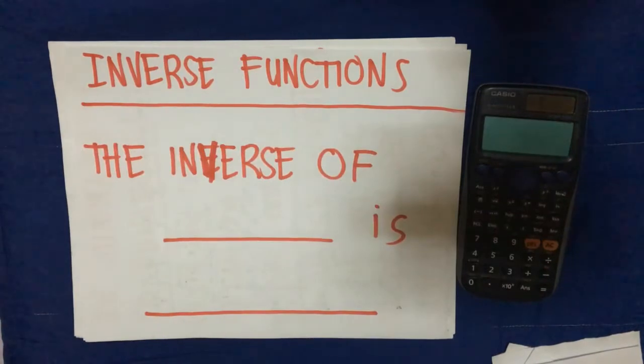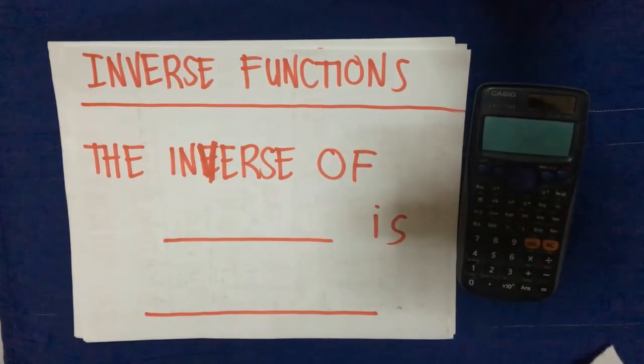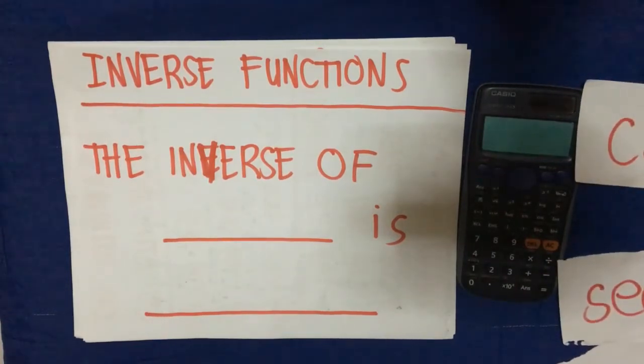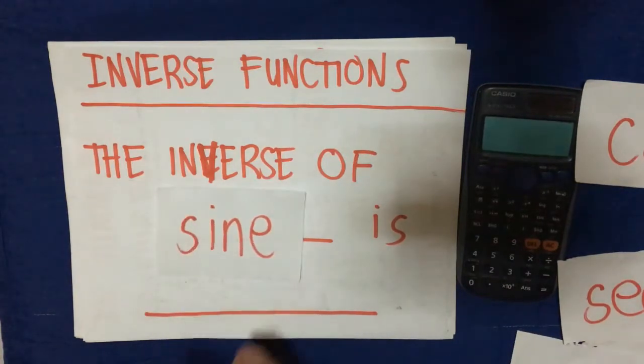Let's proceed to the second characteristic, that is the inverse function. In the six trigonometric functions, we have functions that are inverse to each other. Let's identify these one by one. What is the inverse function of the sine?